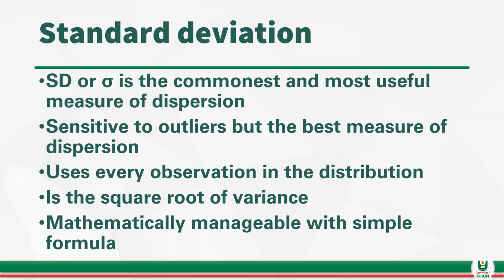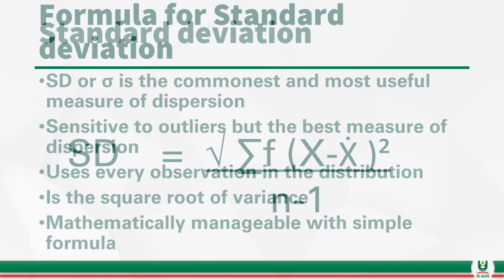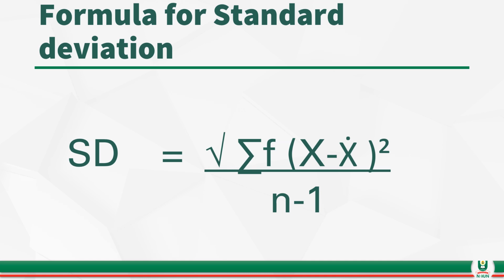Mathematically, it is very manageable with a simple formula. So here we are, the formula for standard deviation. Standard deviation is the square root of the summation of the frequency and the mean deviation squared over n minus 1. That is the formula for standard deviation.